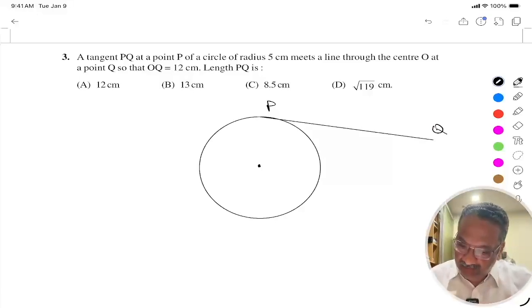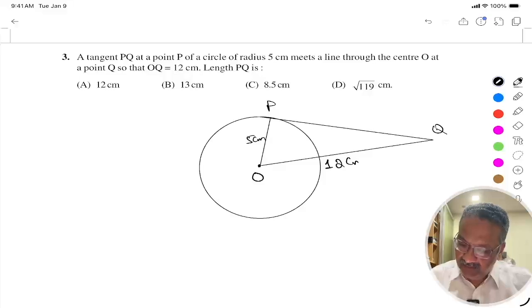The radius is given to be 5 centimeter. It meets a line through the center O at point Q. So this is OQ, and OQ is 12 centimeter.